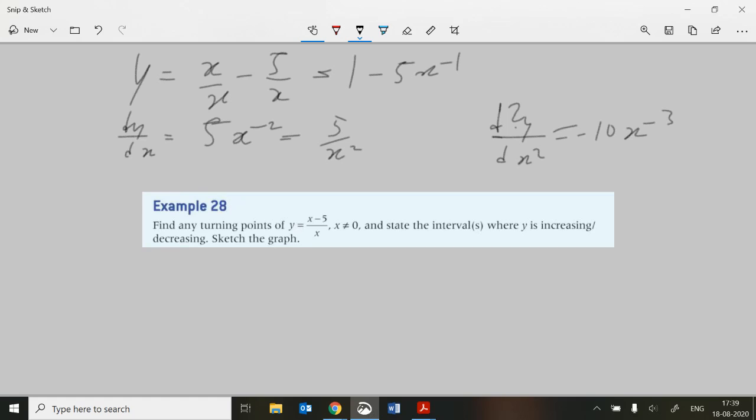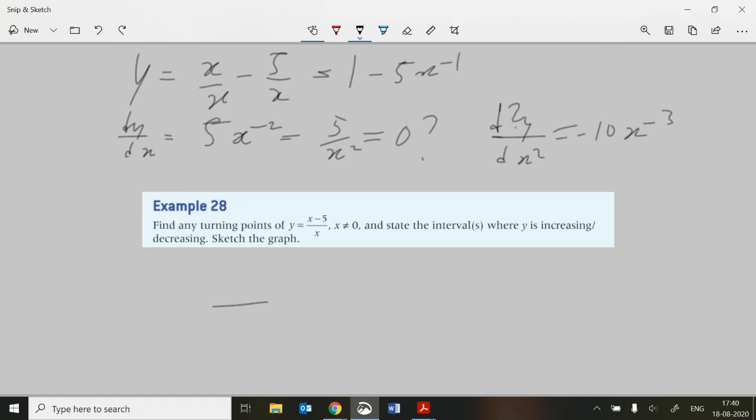And we need to try and solve when does that equal to 0. Now, when does that equal to 0 to find our turning points? Well, if we've got a non-zero numerator for a fraction, then we can never get a 0 for this fraction.